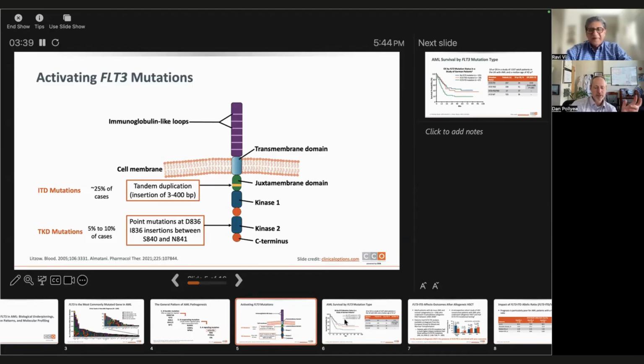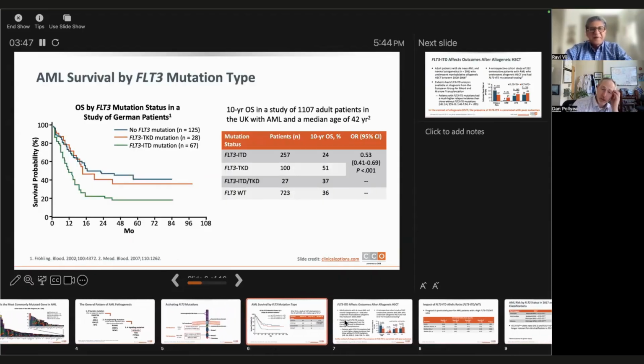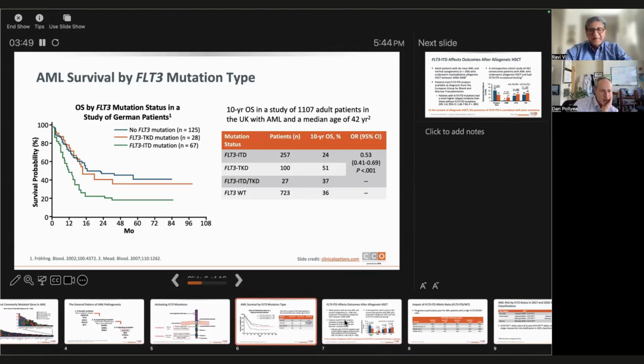About 5 to 10% of the time, you'll have a point mutation in the tyrosine kinase domain. The prognostic significance of these is somewhat different, we think. The FLT3-ITD certainly has a poor prognostic significance. The TKD mutation, probably not as historically bad, but maybe still worse than not having a FLT3 mutation altogether.